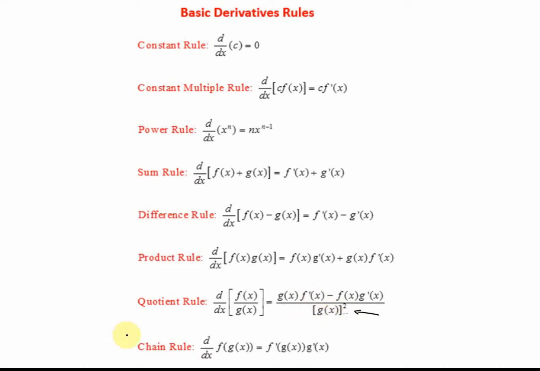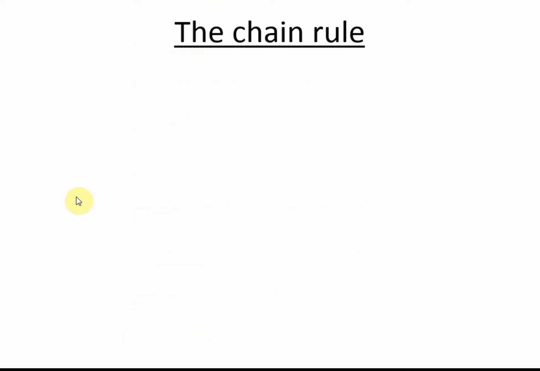And then I want to spend more time on the chain rule, okay? Because many students are still confused about how to use the chain rule. And the chain rule is actually very simple to use. So for example, there's a function y, and this is a function f(t).